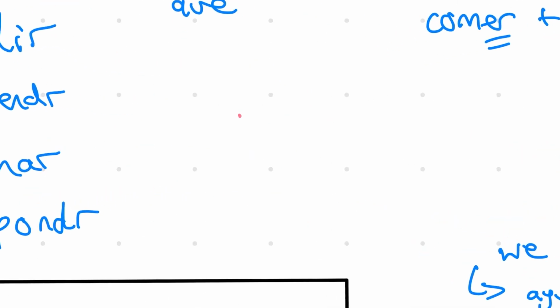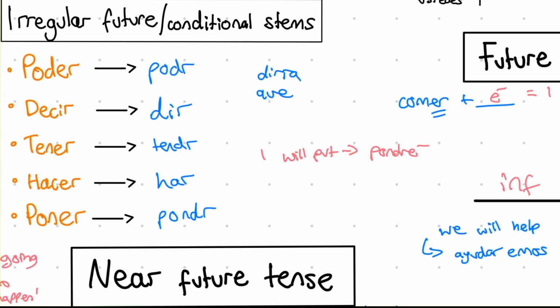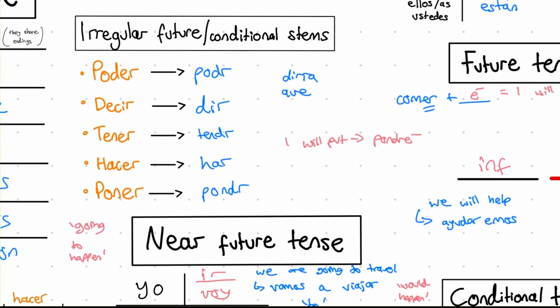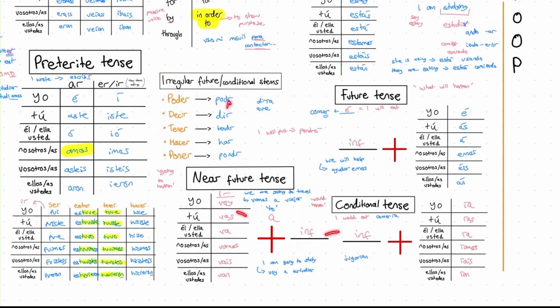So let's say I will put using poner, pondré. I will put, pondré. Vale? And that's how the irregular stems work here for the future and conditional tenses. So that covers those three tenses and the irregulars.